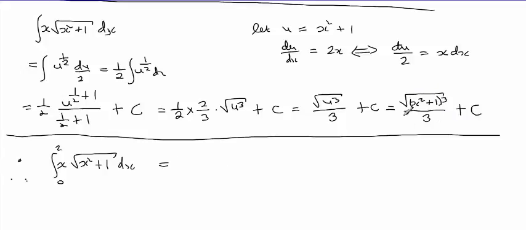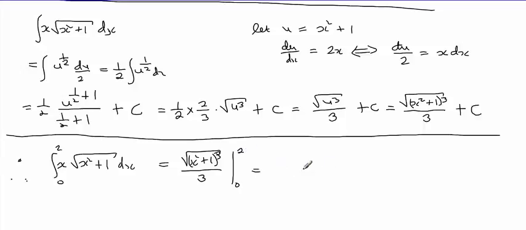So I'll simply copy that function there as square root of x squared plus 1 to the power 3, all over 3, evaluated from 0 to 2.